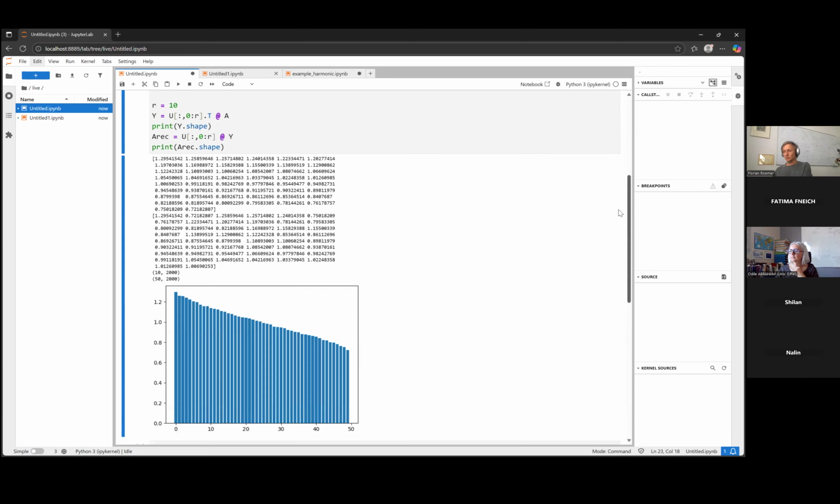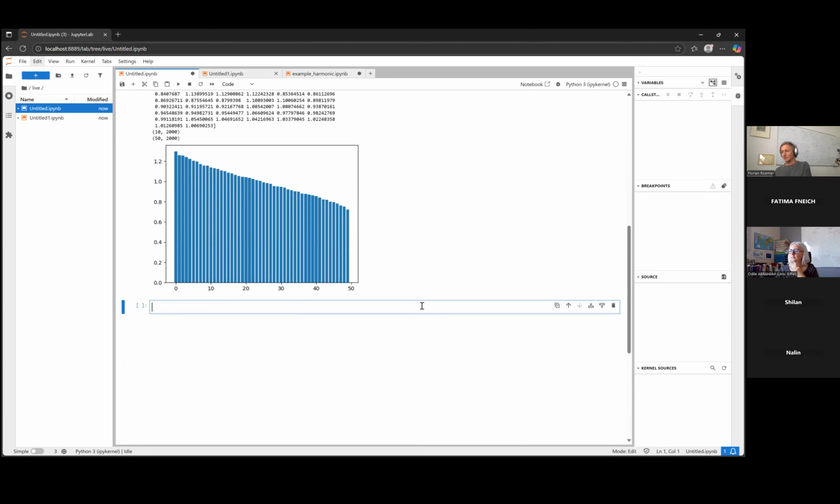I wanted to show you a second way because, of course, you don't actually have to program these things by hand. There are some very good packages for that. And in fact, the one that's probably most frequently recommended to use for this is the scikit-learn package. Scikit-learn has a lot of decompositions, including the PCA.